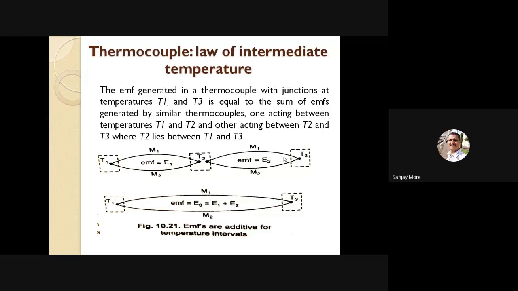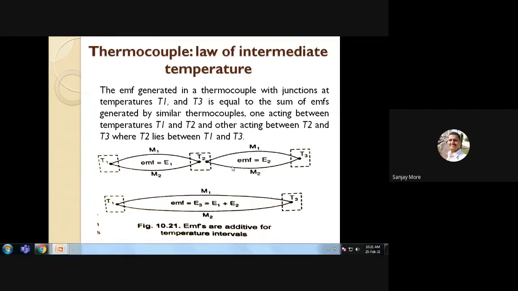The EMF generated in a thermocouple with junctions at temperatures T1 and T3 is equal to the sum of two thermocouples, one acting between temperature T1 and T2 and the other acting between T2 and T3, where T2 lies between T1 and T3.